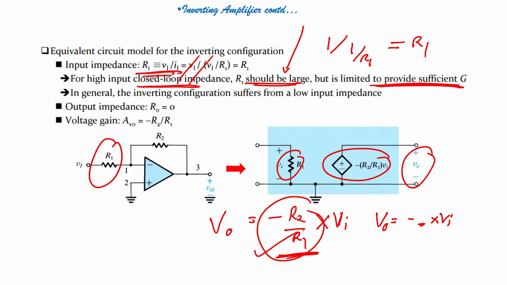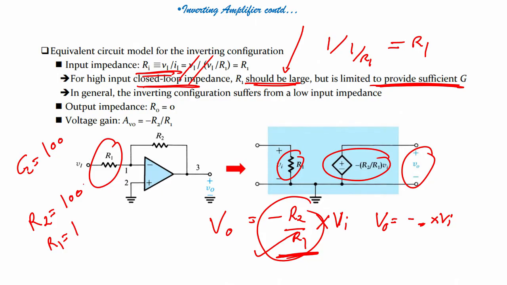That we have to use a very high value of R1, but we also have to understand the gain of our amplifier. For example, if I want the gain of the amplifier to be 100, then I can have R2 which is 100, but R1 I cannot have 100, I can only have 1.